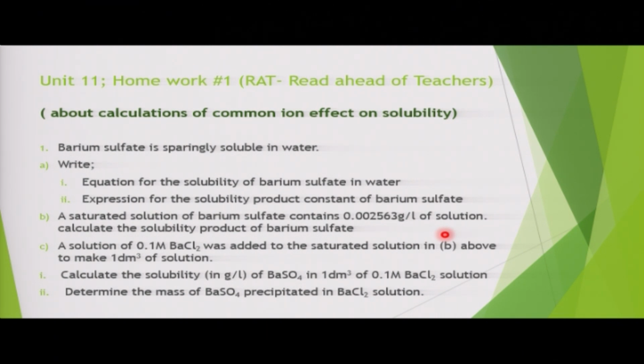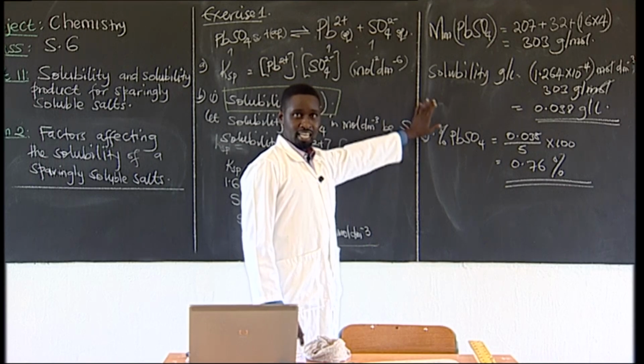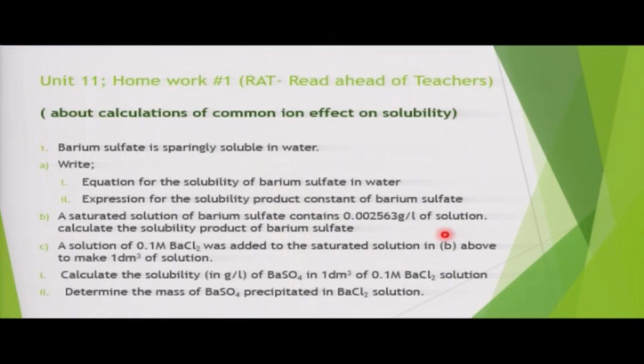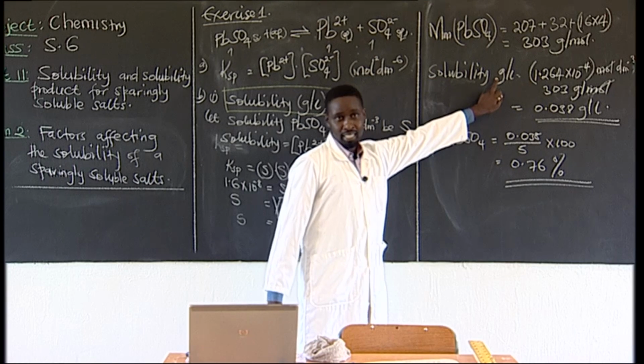You need to first calculate the solubility. In this case, we have that question. It is clear. I will only highlight and bring in where we talk of common ion effect. And that is question 1, part B and C. Look at part B. It is talking about a saturated solution of barium sulfate that has that amount in grams per liter, which we call the solubility in grams per liter.